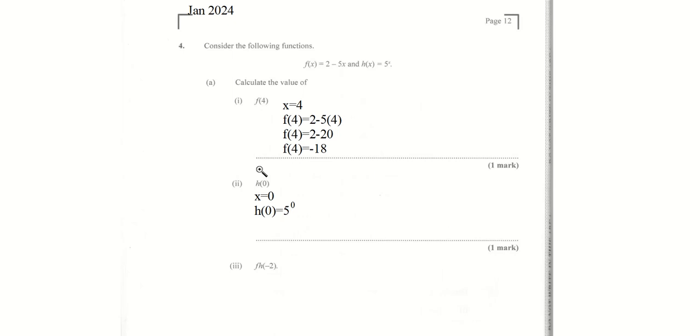Anything to the power of 0, that's a special law, is equal to 1. So we know that h of 0 is equal to 1.